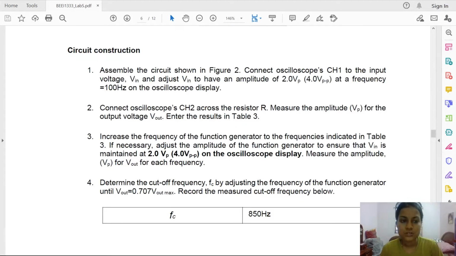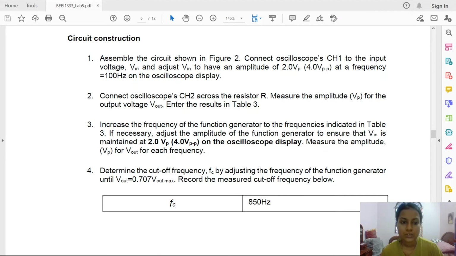Okay, so for the circuit construction, we have assembled a circuit just like in figure 2, and we have connected the oscilloscope's channel 1 to the input voltage, and the amplitude has been adjusted at Vin around 2 Vp or 4 Vpp at a frequency of 100 Hz, and the frequency will be adjusted until 10 kilohertz to find out the V out.